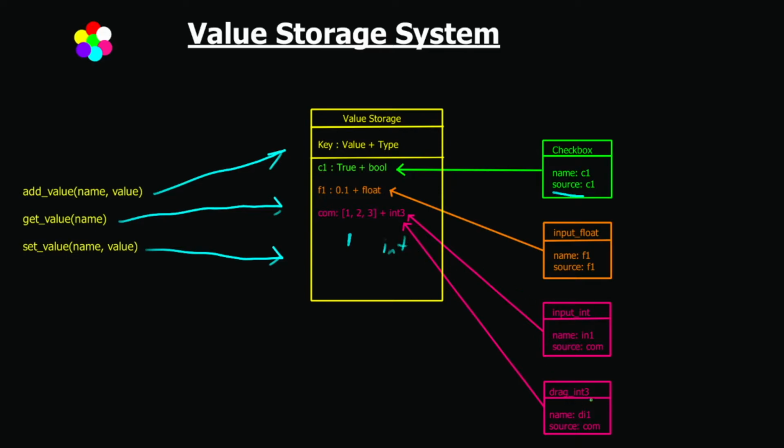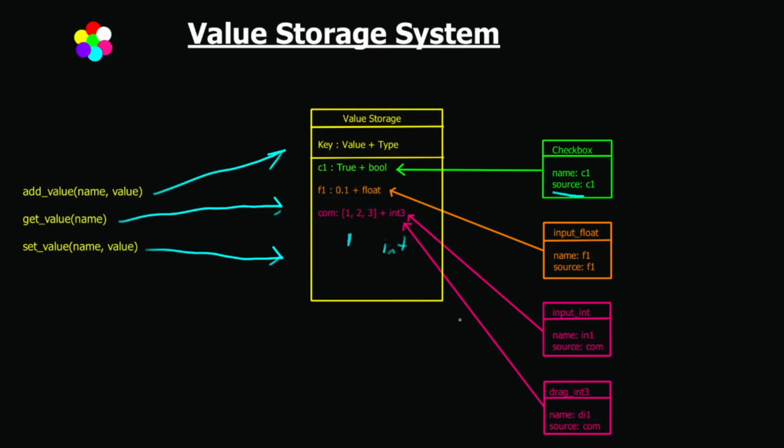But when you go to a drag int3, it needs 3 values to control. So this would actually not work. And when it doesn't work, it doesn't fail or anything like that. What it does is it just resorts to a common value. There are actually common values here for each type that it'll just resort to. But you won't have access to that.